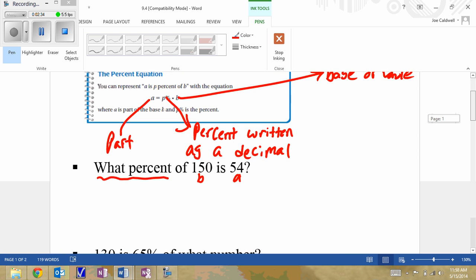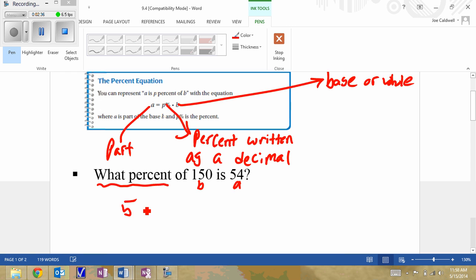So what we're going to have is 54 is equal to p times 150, which we should really write as proper algebra. 54 equals 150p.